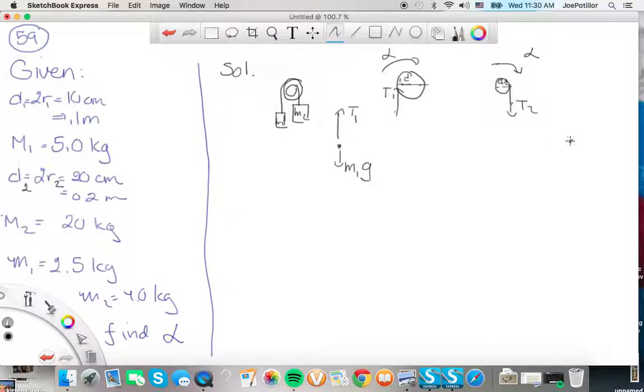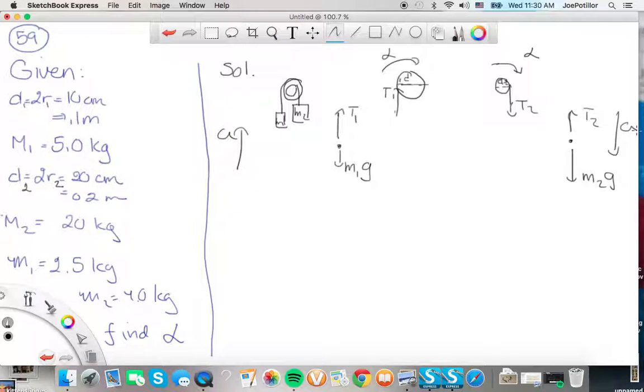And for right here, M2G is bigger than T2. Acceleration, acceleration. Everybody follow so far?